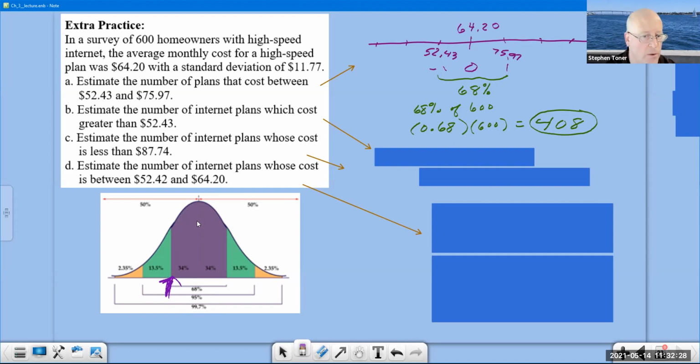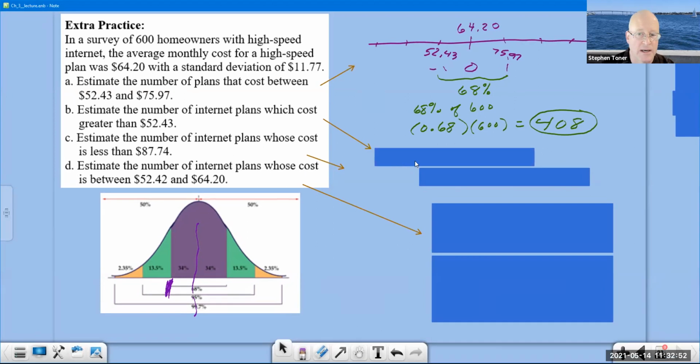We know we're going to have 50% of the data to the right of center, and then another 34% when you go to that first standard deviation below the mean. So that marker I've drawn in purple has 34 plus 50, or 84%, of the data values above it.